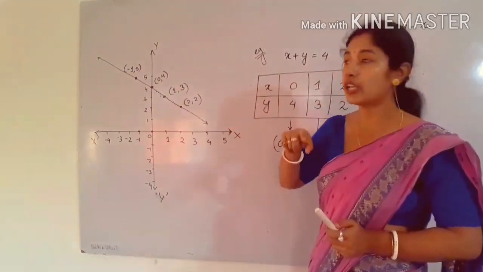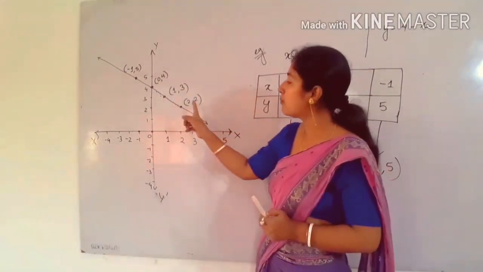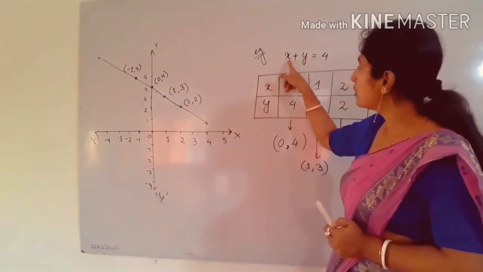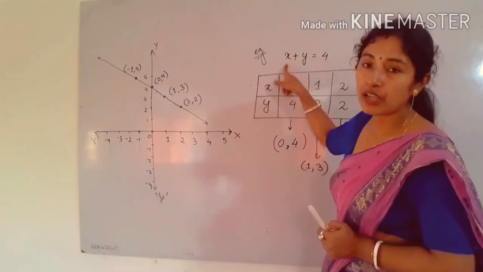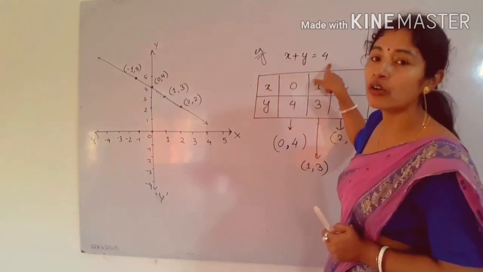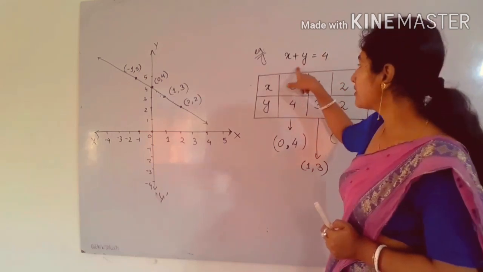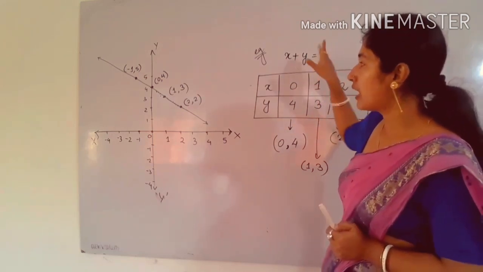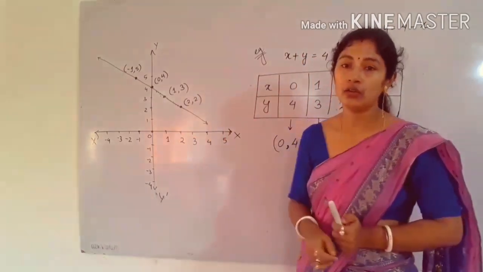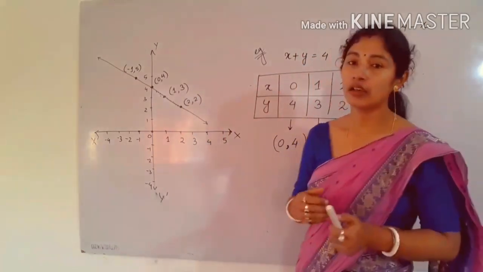Then how will you check it? You have to put the points, means the values of x and y in place of x and y, and you have to see whether the left hand side is equal to the right hand side or not. If left hand side is equal to right hand side, then this equation represents that straight line. Okay, so you have to check like this.